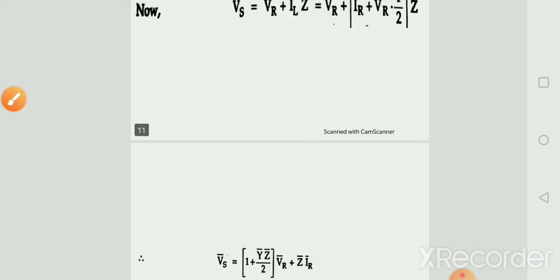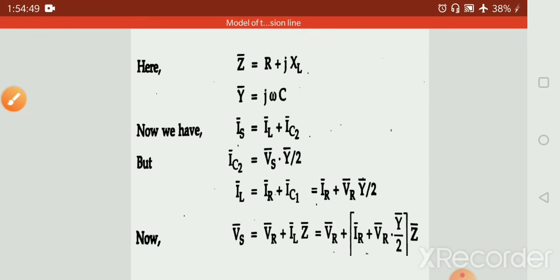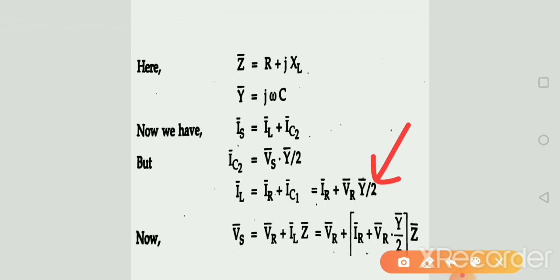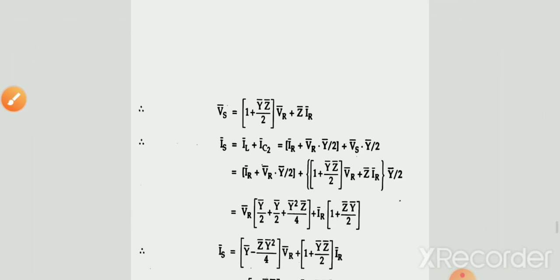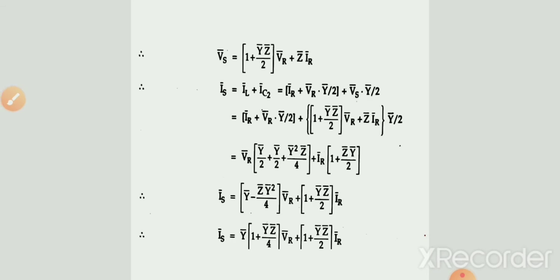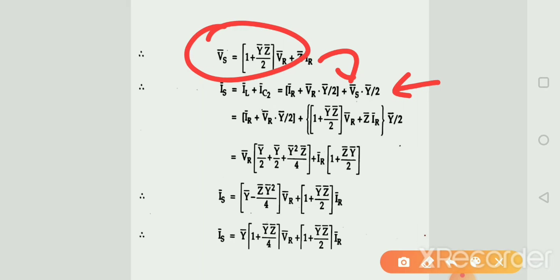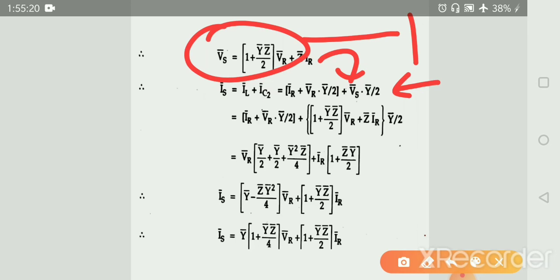From here, IL is IR plus VR into Y by 2, and IC2 is Vs into Y by 2. Now we put these values and get this equation. We substitute Vs by this value. This is our equation 1.